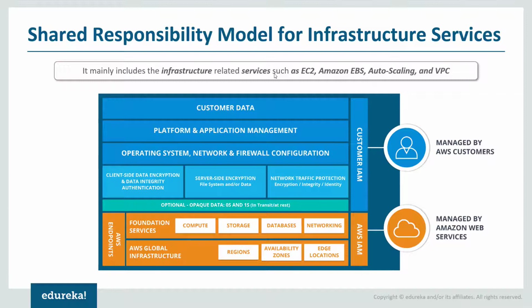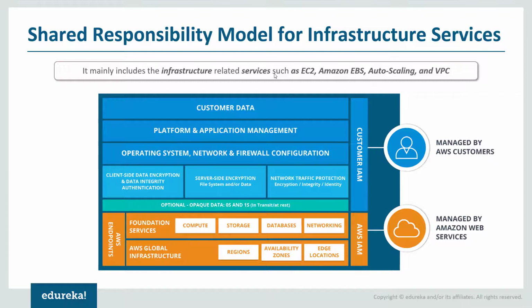However, it is the responsibility of the customer to do client-side data encryption, data integrity authentication, server-side encryption in case a file system is being used, and network traffic protection, like encrypting the traffic, integrity of the network traffic, and identity of the network traffic, as well as operating system security like EC2 instance security.